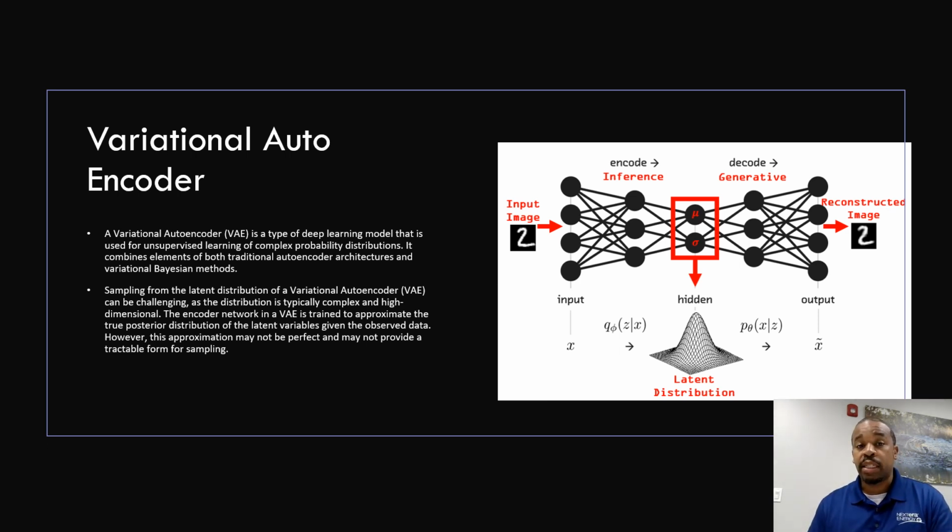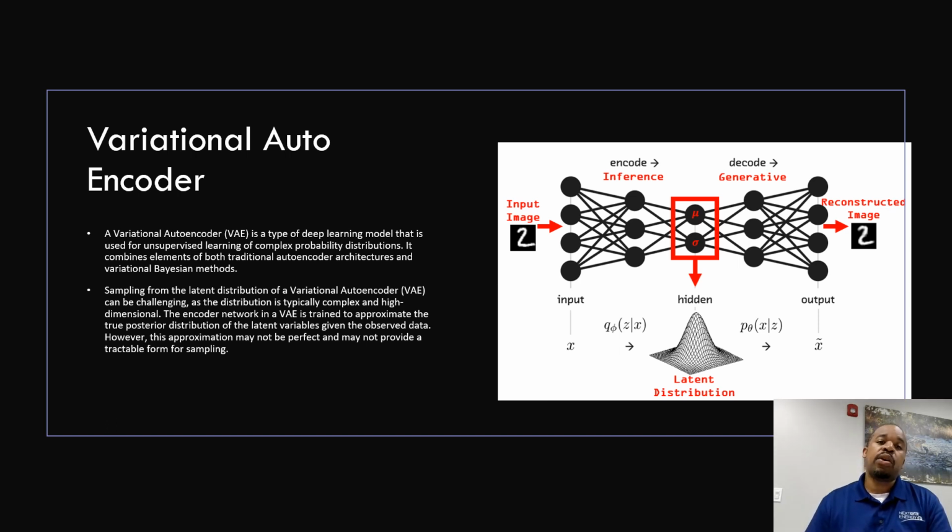This resultant latent distribution is a compact representation of the data, which can then be used to generate new data that is similar to the original data. So you send an audio file to the variational autoencoder, it compresses it, and you can sample from this to produce the original data once again.